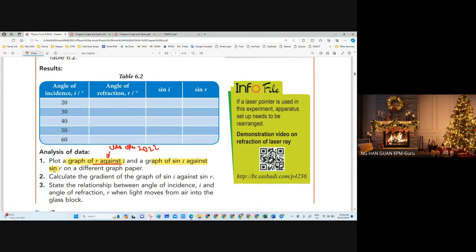Nearly all the teachers didn't expect us to be asked about plotting this graph, because this graph is a curved line graph. Only the sin i against sin r graph will be a straight line. When it is r against i, the graph will be curved at the ending part.